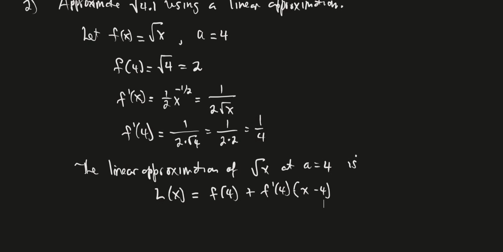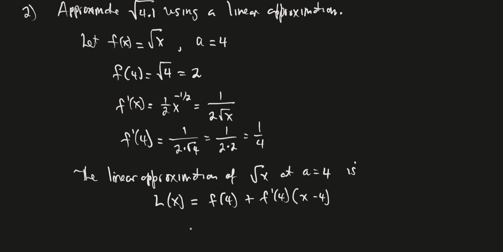Right? So what are we going to end up with? We have our f of 4 is 2, f prime of 4 is 1/4, and then x minus 4. And in fact, I'm going to leave it like this. I'm going to say this is my linear approximation, and you're going to see why this is really helpful.